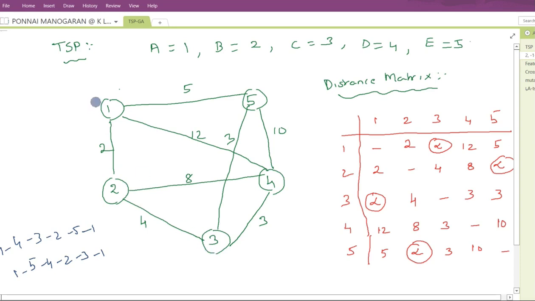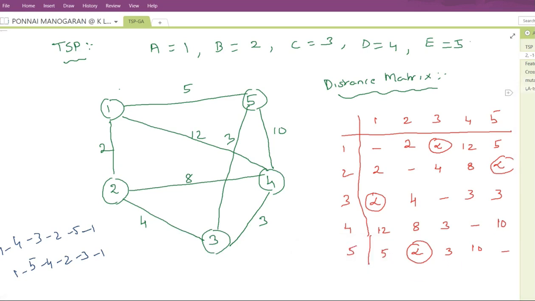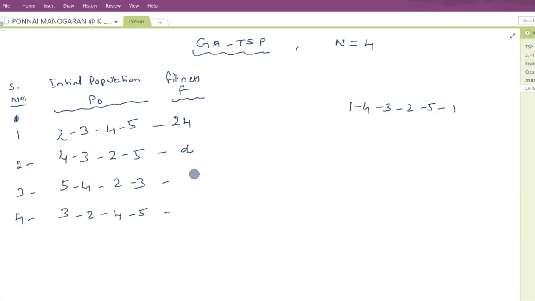Again, 3 to 1 there is no path, so again it is infinity. Simple.